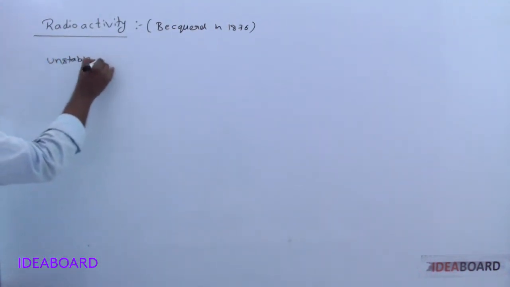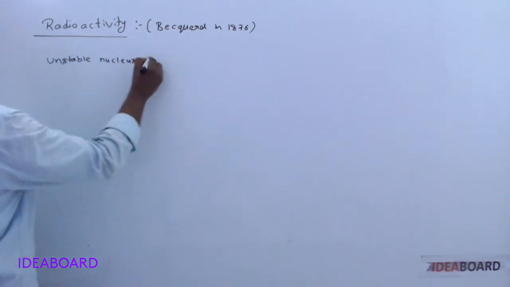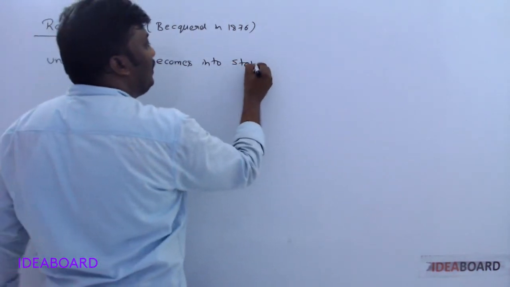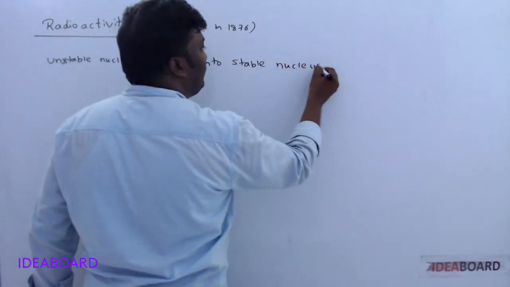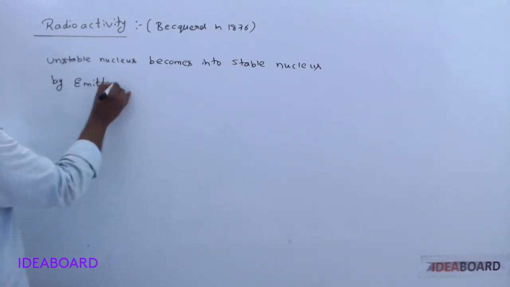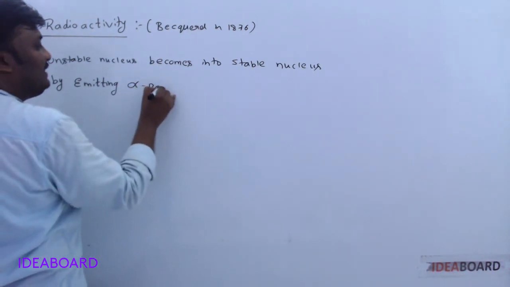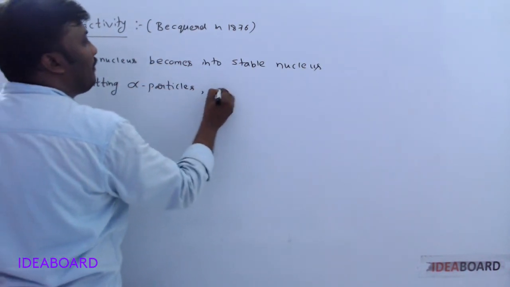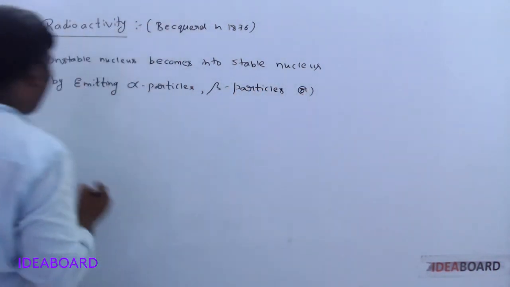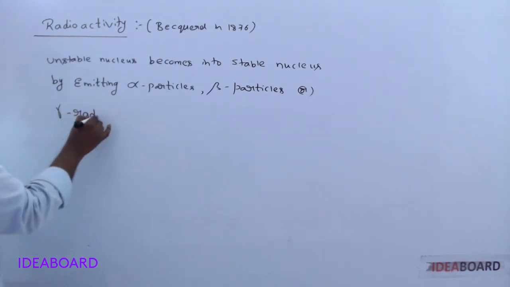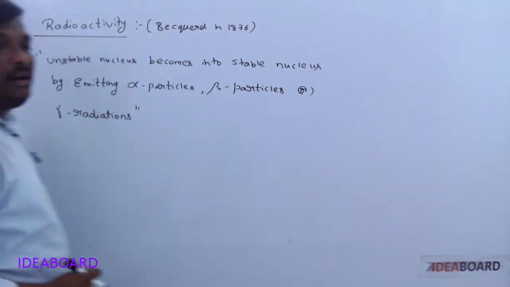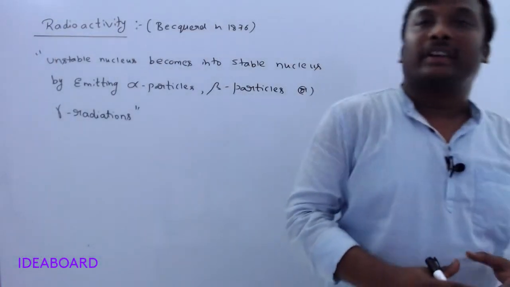An unstable nucleus becomes a stable nucleus by emitting alpha particles, beta particles, or gamma radiations. This phenomenon is called radioactivity.